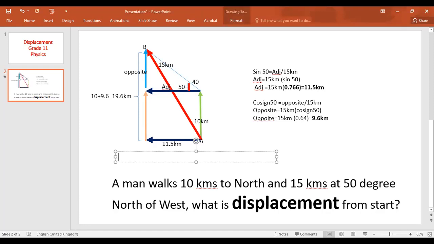A square is 11.5 kilometers squared, the adjacent squared. Plus B square, B is 19.6 kilometers, again squared, is equal to C square. C is the distance between A and B.